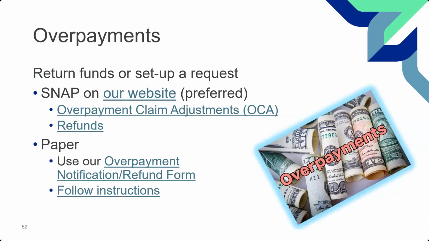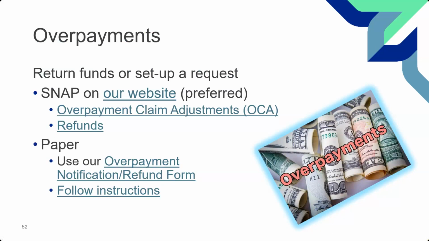Now, if you downloaded a copy of today's presentation, you won't see the slide, but it has been added at the request of our reimbursement department. So today I showed you how an overpayment claim adjustment can be submitted through the portal, and this is the preferred action because it's faster.